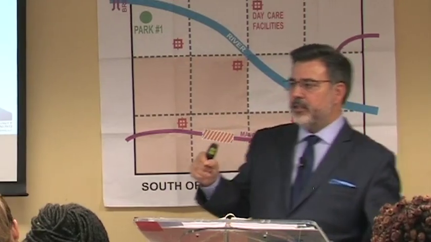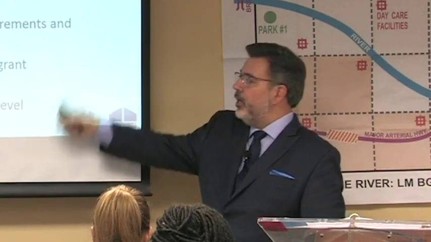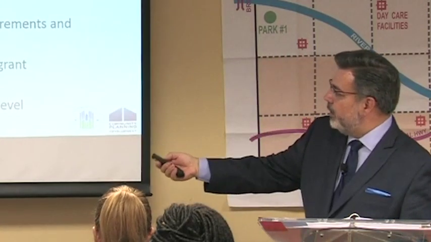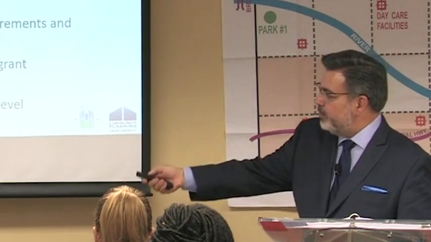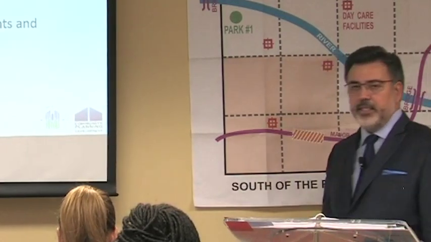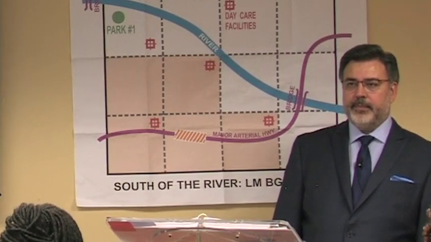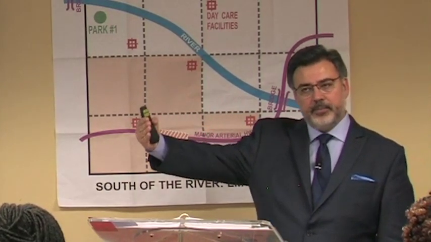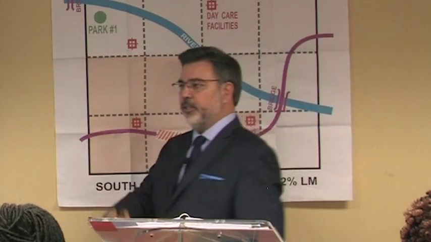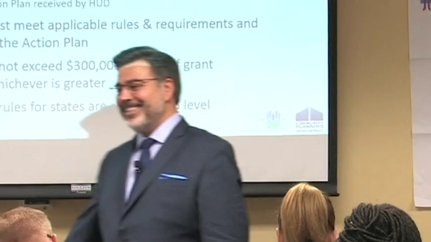I'm submitting my action plan. You now have it. You can now spend 25% of your grant or $300,000, whichever is greater, towards that, till your actual agreement comes in, till your fiscal year starts. Didn't know that, right? Yeah.